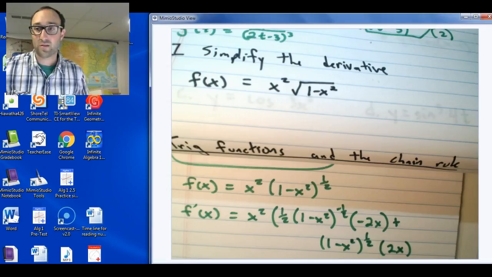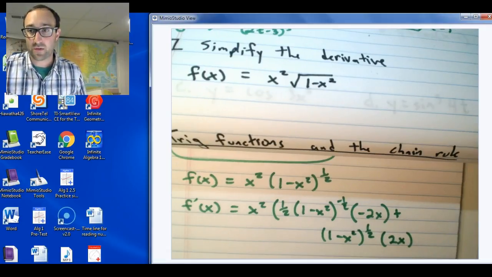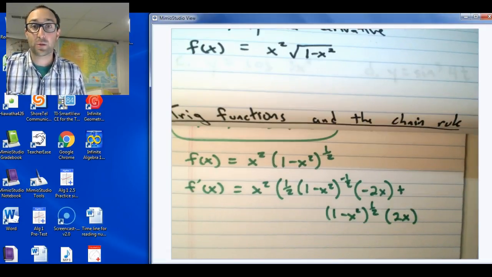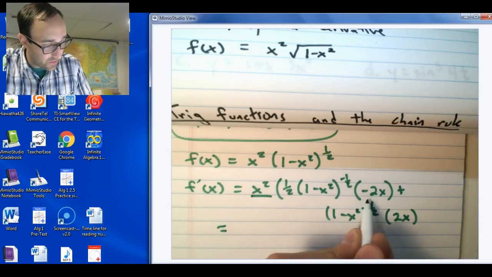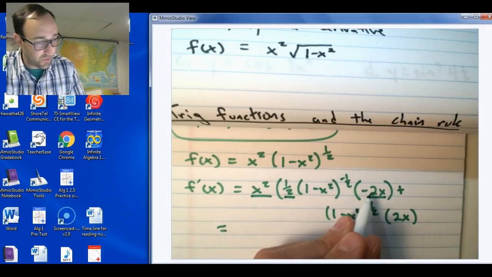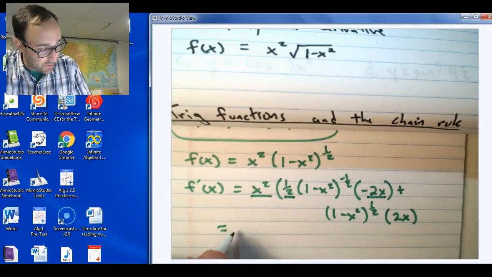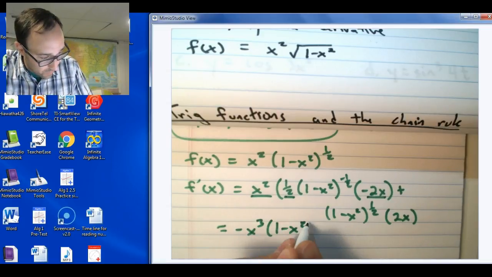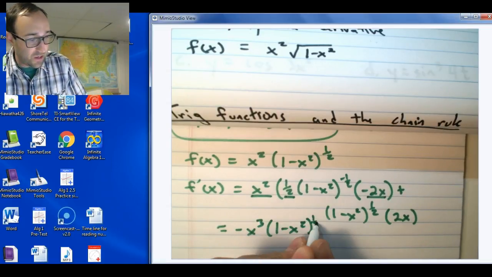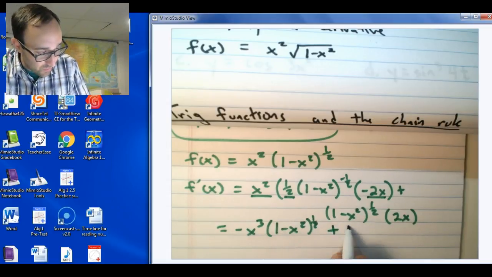All right, so that is what this can look like for now. I'm going to see if I can get this to look a little bit easier and nicer for you. We got x squared times negative 2x times 1/2. So the 1/2 and the 2 cancel out, and we end up with negative x cubed times (1 minus x squared) to the negative 1/2, plus 2x times (1 minus x squared) to the 1/2.